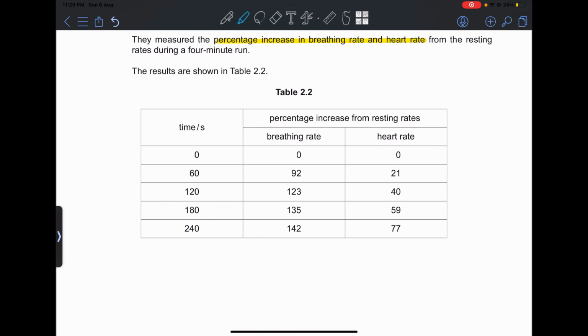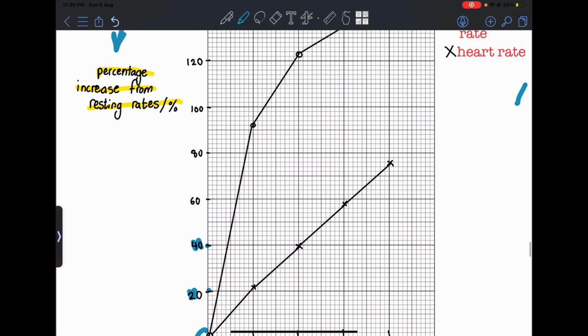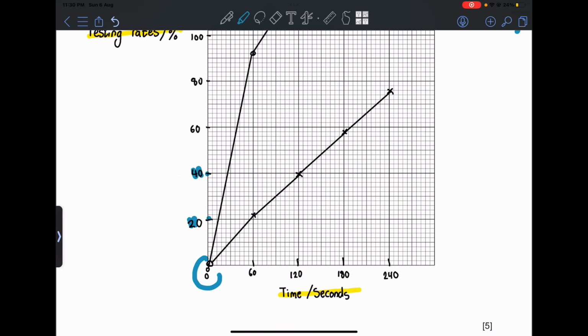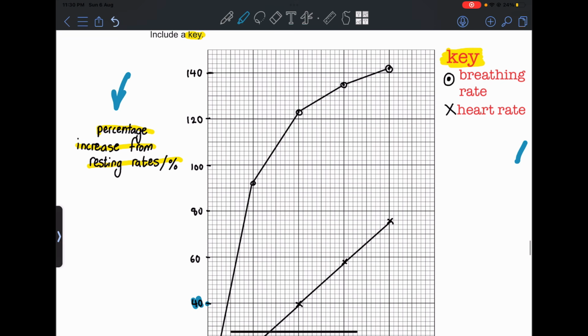The time of course is constant on the x-axis. The y-axis changes. You're going to do a graph for the breathing rate and another one for the heart rate. This is what I have done. I have plotted down the points first, and then I have done a neat line with a ruler, and you're going to use a pencil for all of this graph, of course.